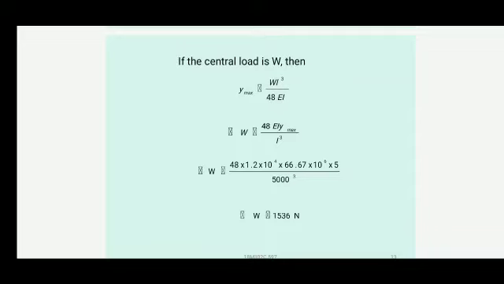W is equal to 48 into 1.2 into 10 to the power of 4 into 66.67 into 10 to the power of 6 into 5 by 5000 cube. W is equal to 1536 Newtons.